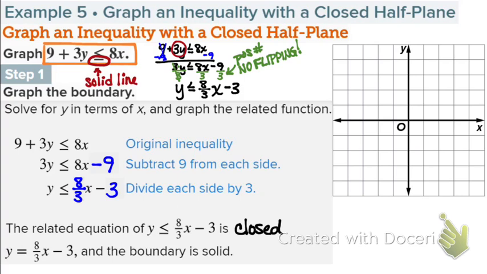Which piece of this do I want to graph first? Y-intercept. Which one is the y-intercept here? -3 is my y-intercept. So I'm going to plot that point right here. What is the slope?